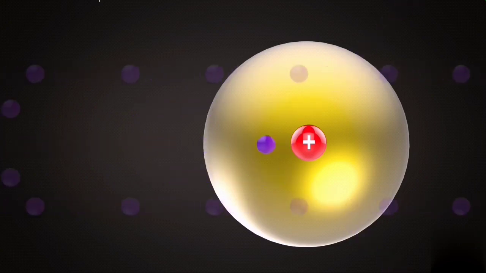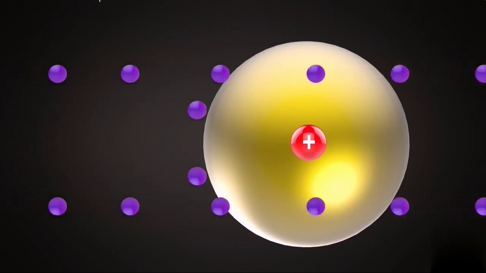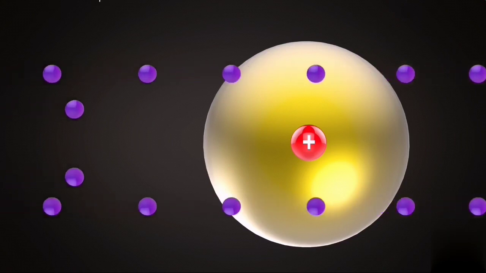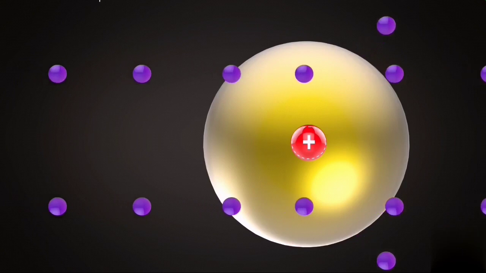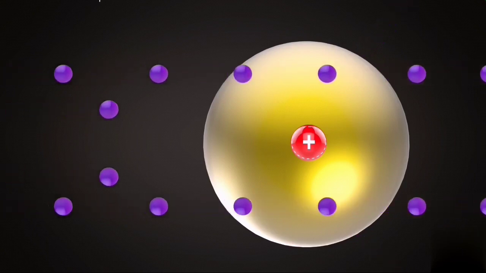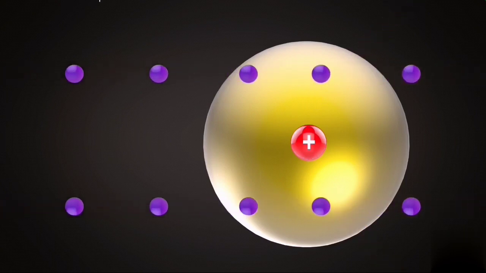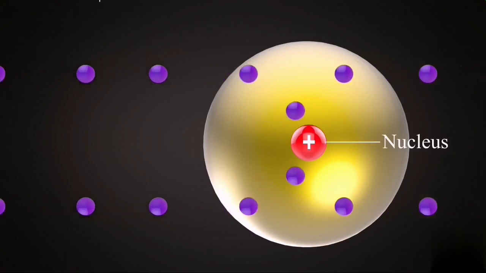A few particles that rebounded back indicate that all the positive charge of the atom was concentrated in a very small volume in the center. Rutherford named this positive center of the atom the nucleus.